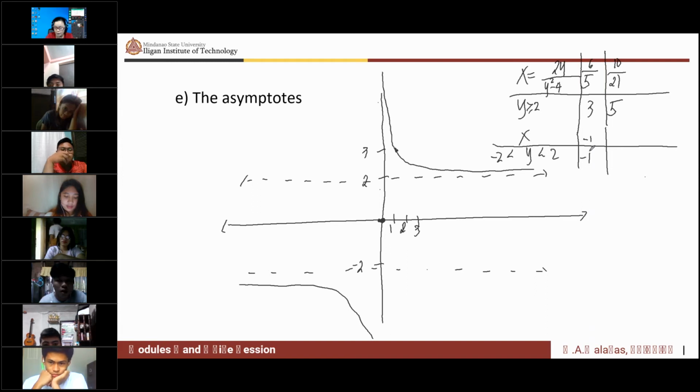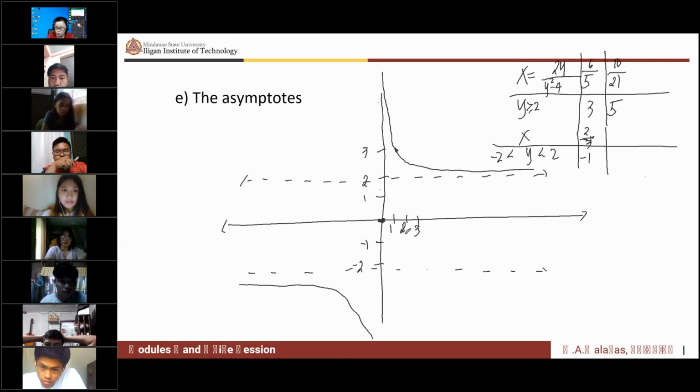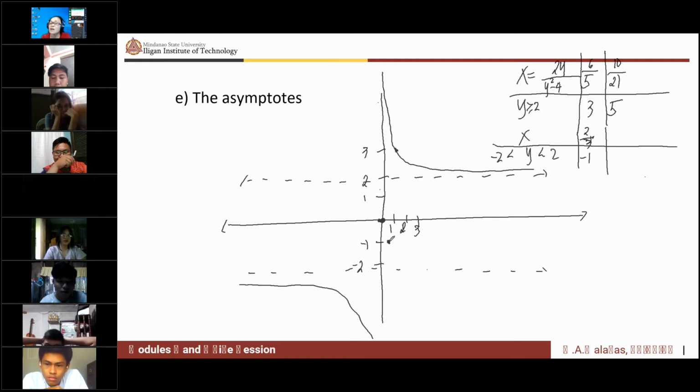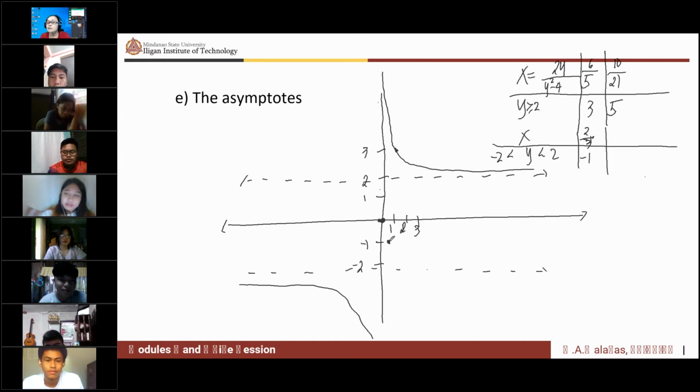So we have -2 over -3, so this is 2/3. When y is -1, then x is 2/3. Here, this is -1, this is 1. Then x is 2/3, so somewhere here, 2/3. This is my graph on the screen.